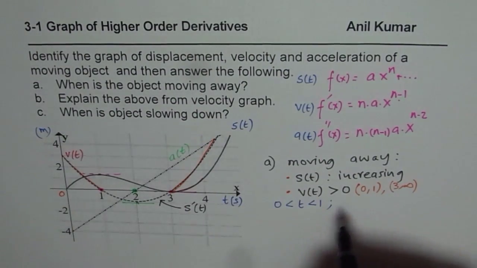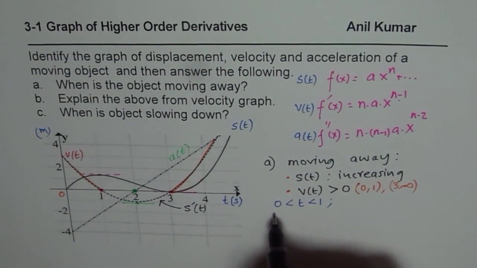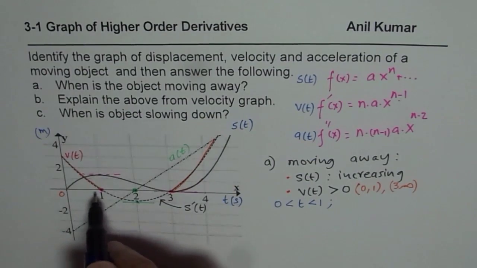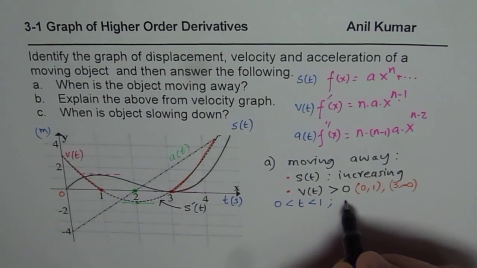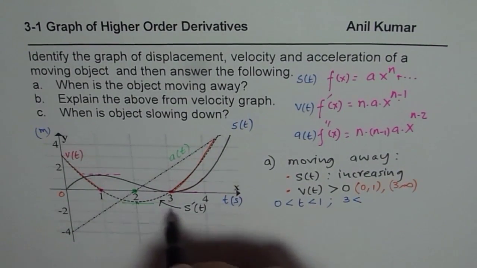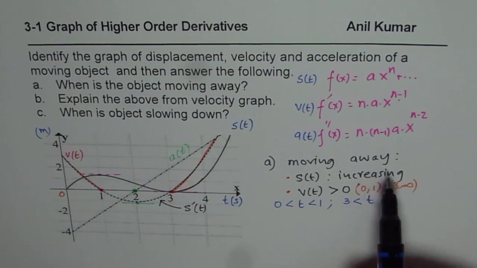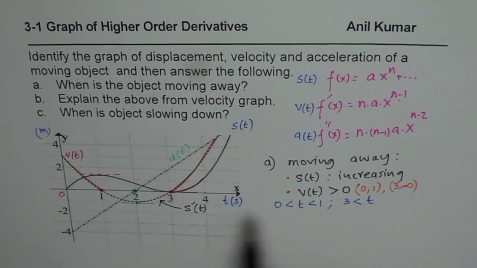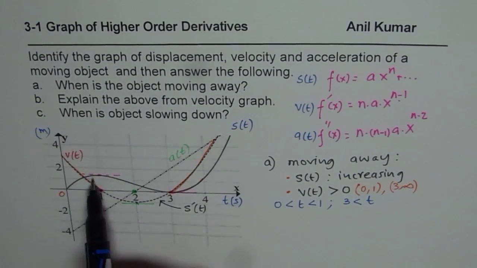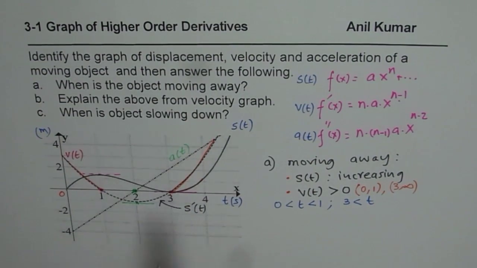Let me add these units. So it'll be from the starting to 1 second. First second it increases, and then it increases from when t is greater than 3, right? So after 3 seconds, it is moving away. And in both the portions, velocity is positive, right? And you also see that distance is increasing.